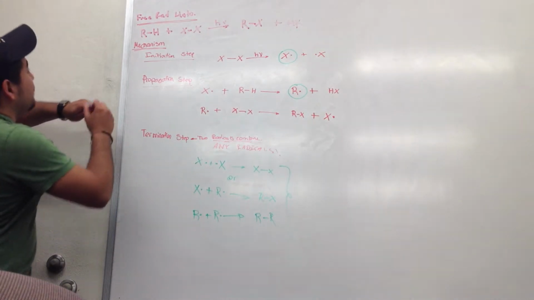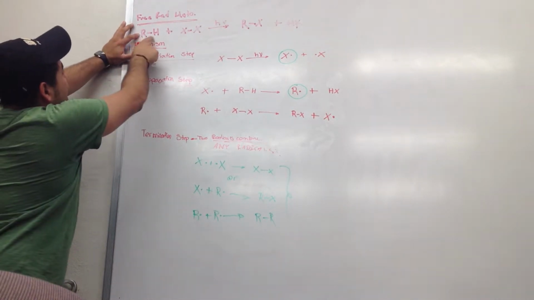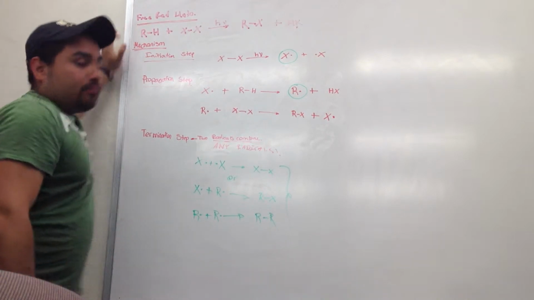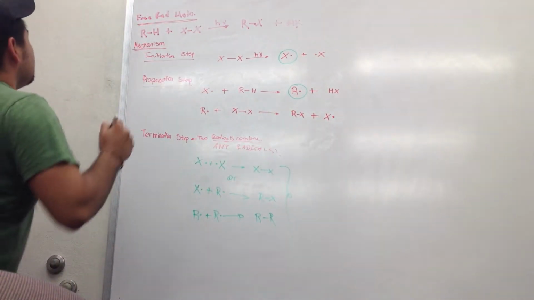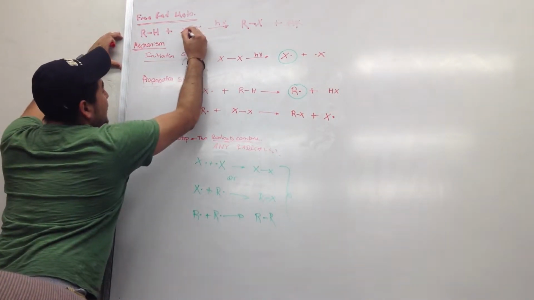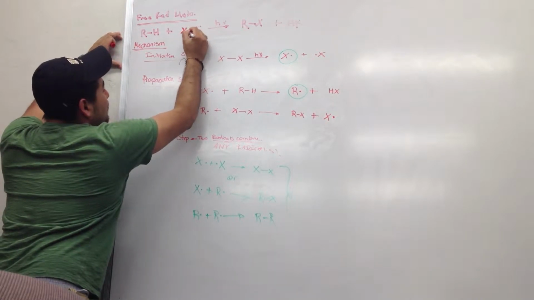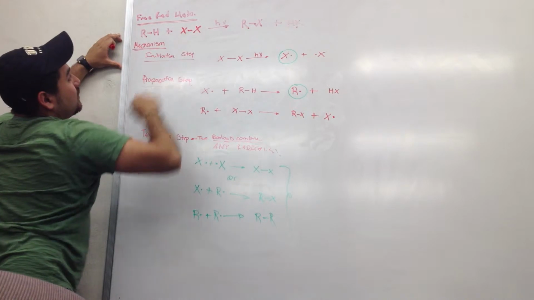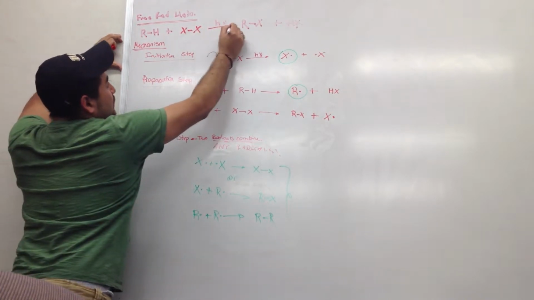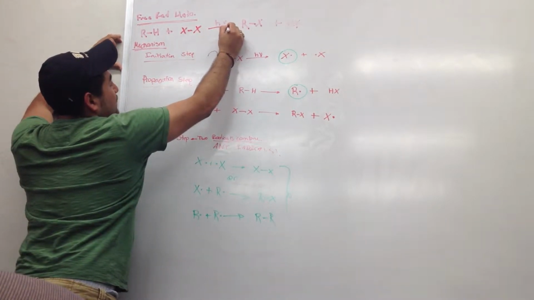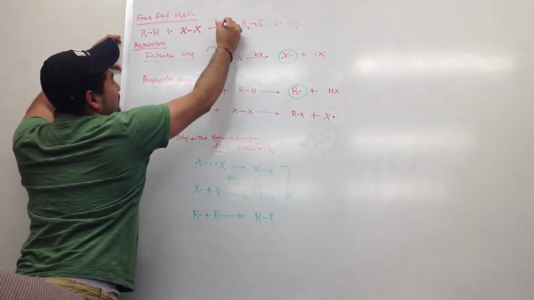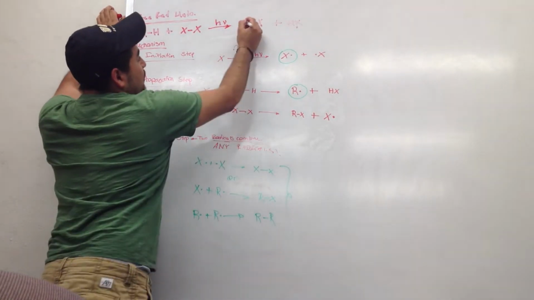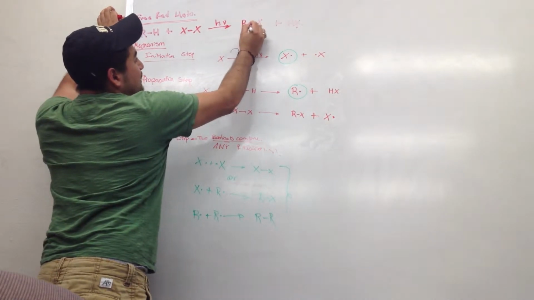So here I have my alkyl group bonded to a hydrogen, which is an alkane, plus a molecular halogen, an X bonded to another X. Reacted with heat or light, basically with energy, this will create an alkyl halide.